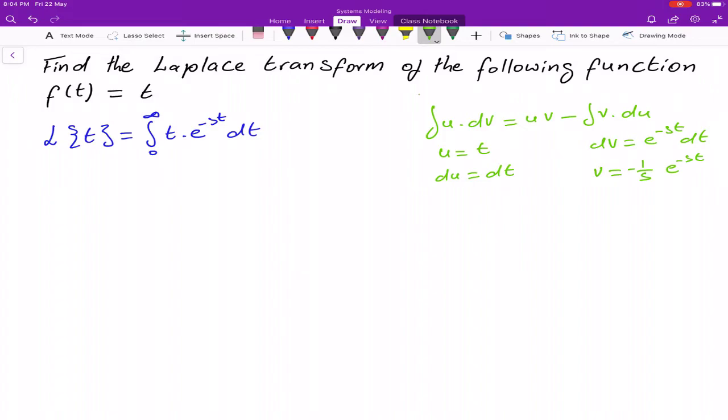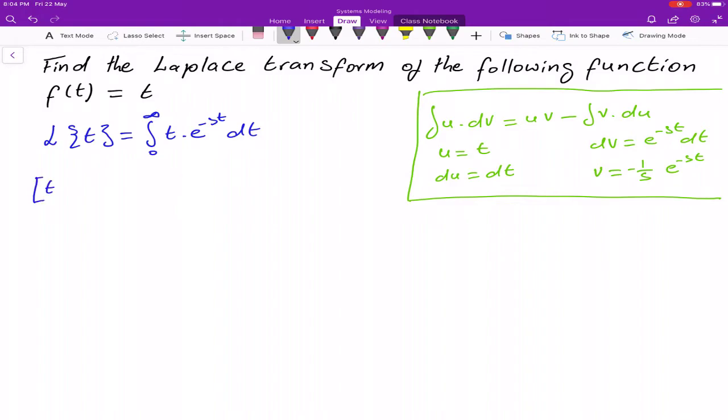So we have this nice information here, and we are going to use it and substitute into our equation. So what we have is u, we have u is t, so you have t times v.